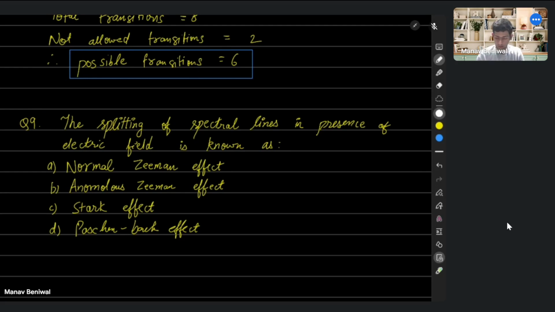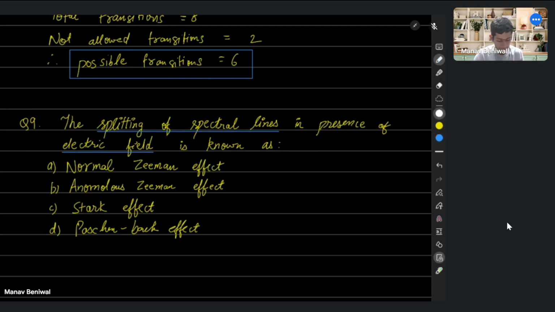Okay, so this is our next problem, and we are given several effects. We have to identify the one in which there is splitting of spectral lines due to electric field.